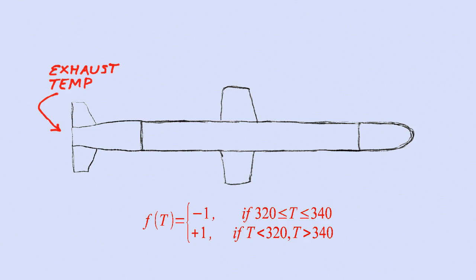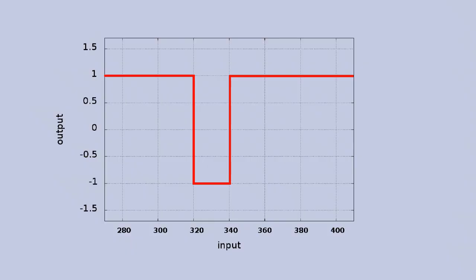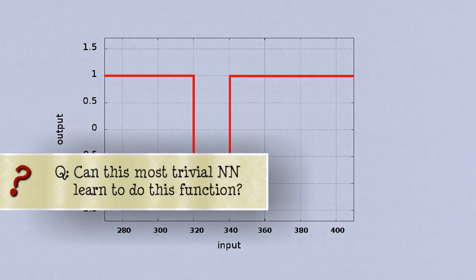Either way is a bad situation. Between 320 and 340, no alarm output. Any other value, though, and we assert an alarm output. So here's a graph of the function that we're trying to train the neural net to achieve overall. Can we train this neural net to perform this function?